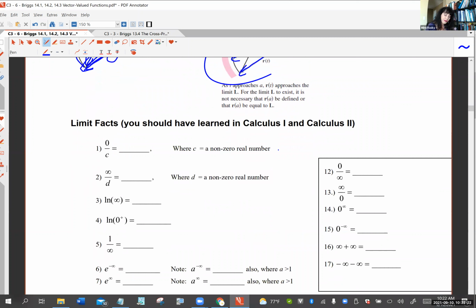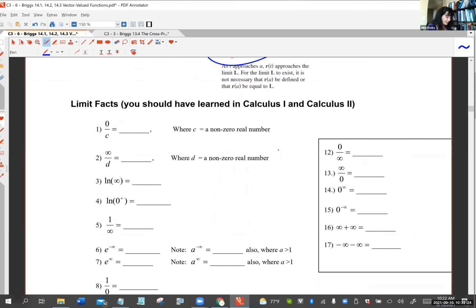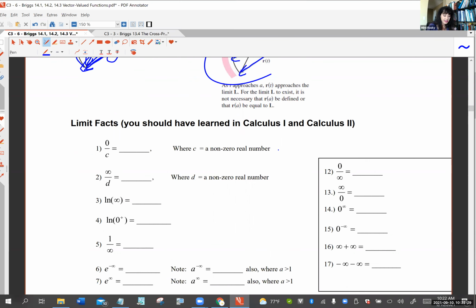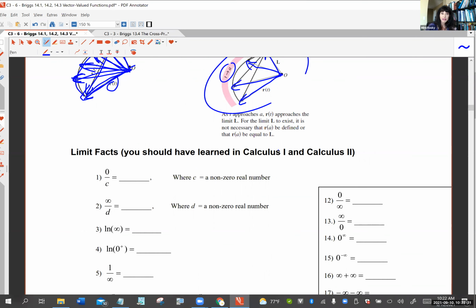Let's do some limit review. I'm doing this as a benefit to you because this is not in your text, but as a favor to you, let's review these limit facts to make sure you're clear about limits, because it might have been a while since you did some limits.